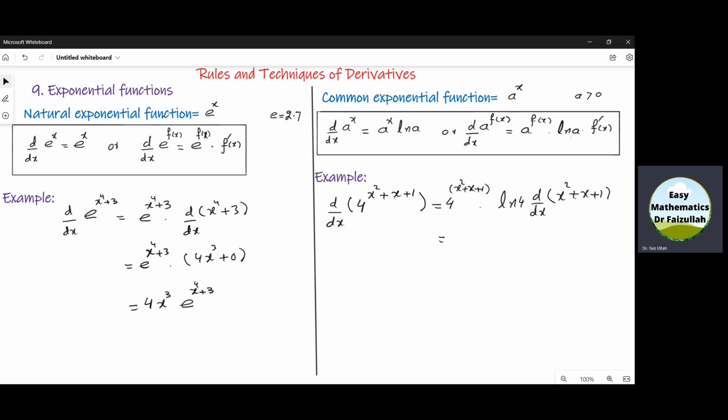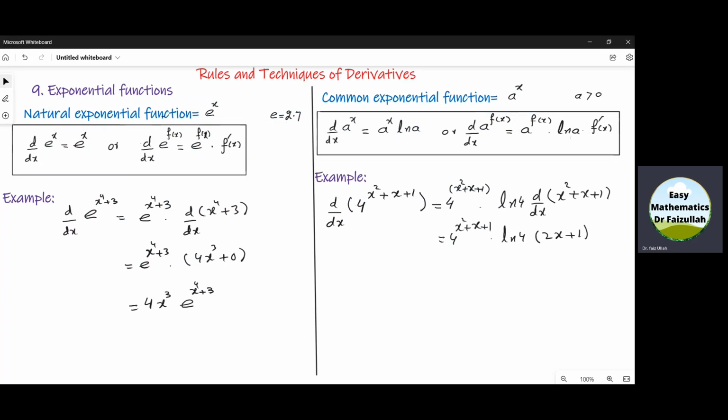So from this we get 4 power x square plus x plus 1 into natural log of 4, and the inner differentiation is 2x plus 1 plus 0. So that is the solution.